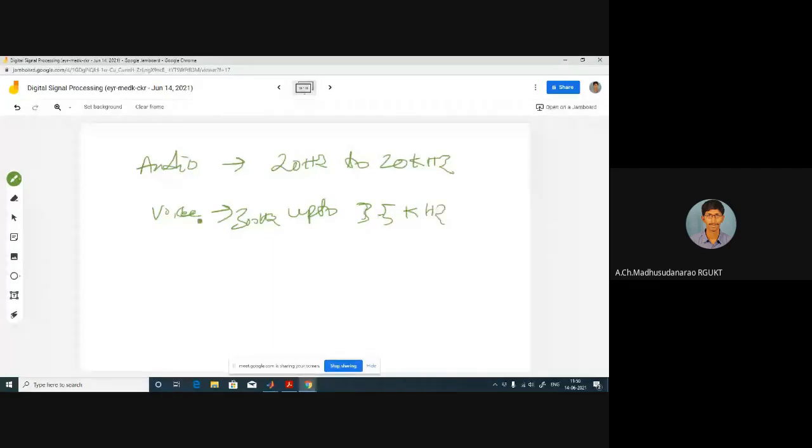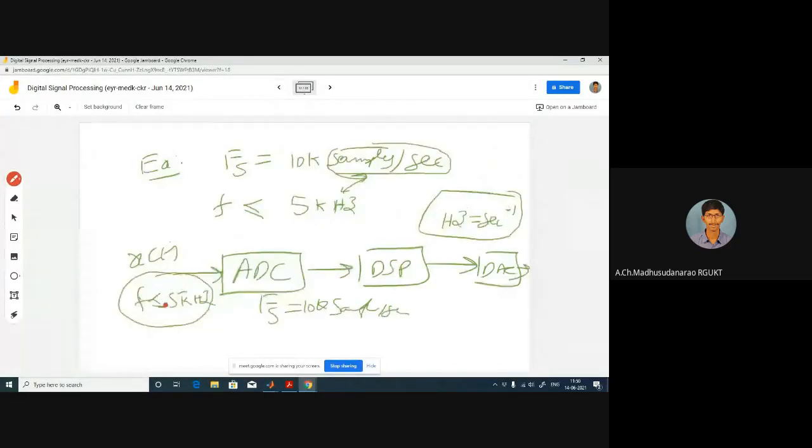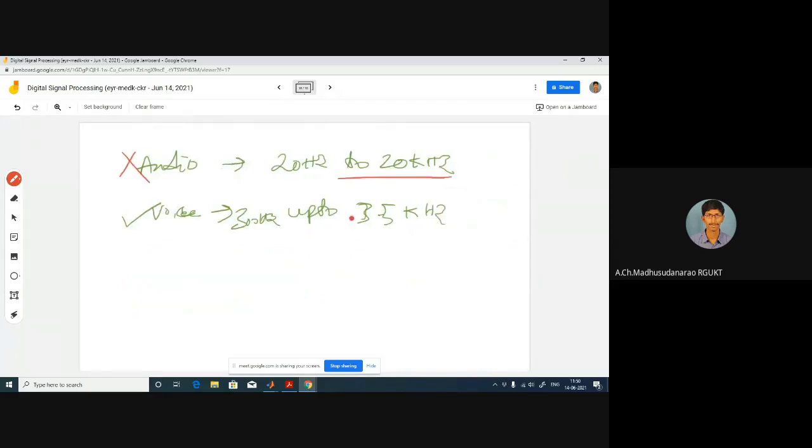I can allow this one. There is no problem at all. But I can't allow this, right? There are some frequency components above 5 kilohertz also in that one. I can't process that straight away. But I can try to process my voice signal.